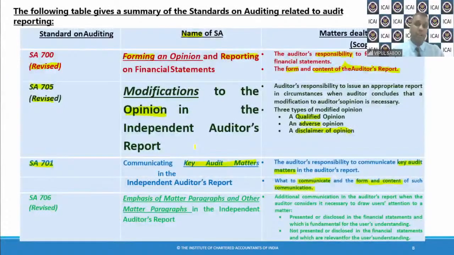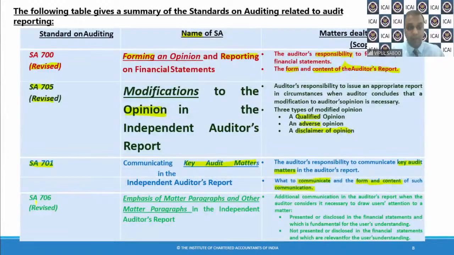So key audit matters are basically some observations of the auditor which he wants to bring to the attention of the management and those charged with governance. Key audit matters: these are some key observations which I found during the audit, and I suppose you need to pay attention to these particular matters.